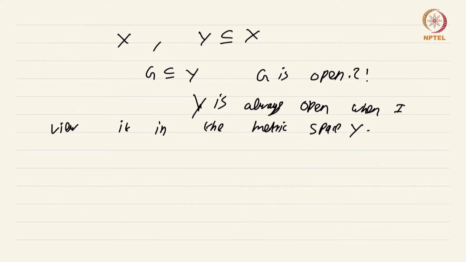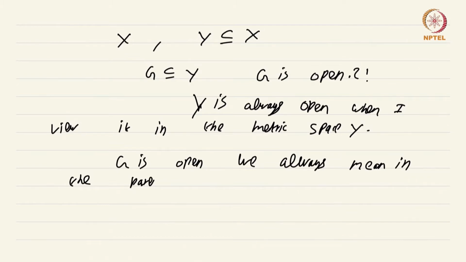When we say G is open, we always mean in the parent metric space. That means X. So whenever we just make a blanket statement, you look at the largest metric space that we are considering and it is open in that. That's what it means.